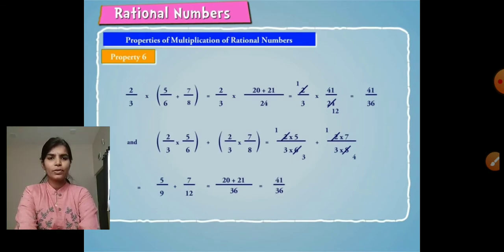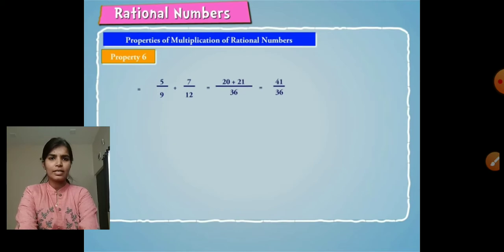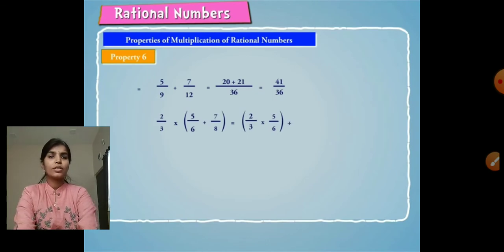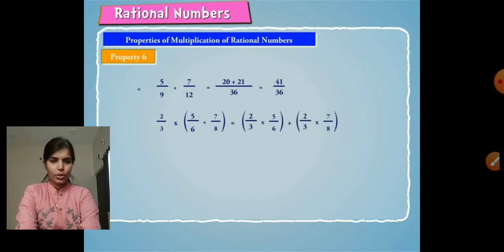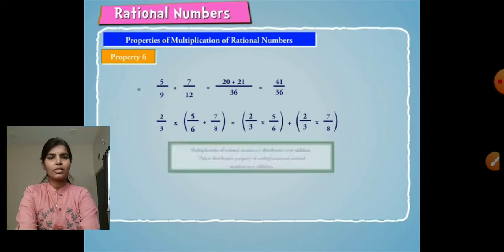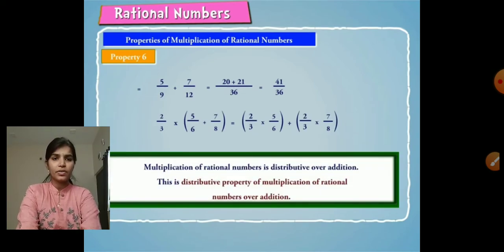So you can write it as 2 by 3 into, in bracket, 5 by 6 plus 7 by 8 is equal to 2 by 3 into 5 by 6 plus 2 by 3 into 7 by 8. This property is called the distributive property of rational numbers.